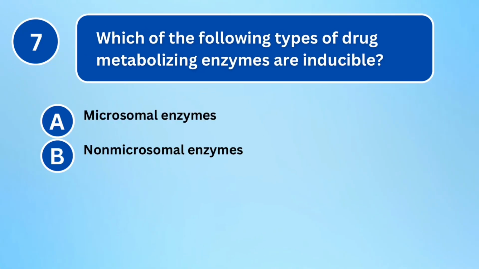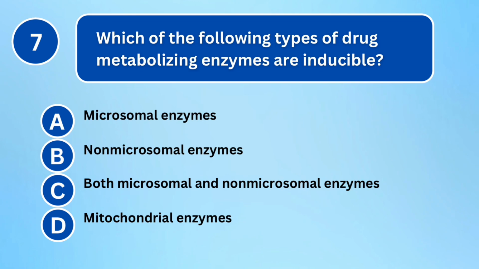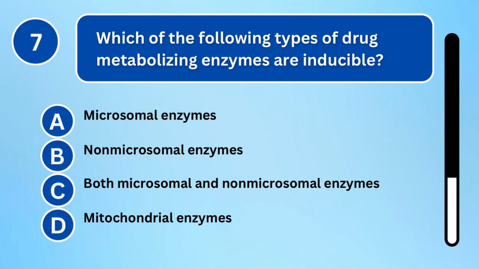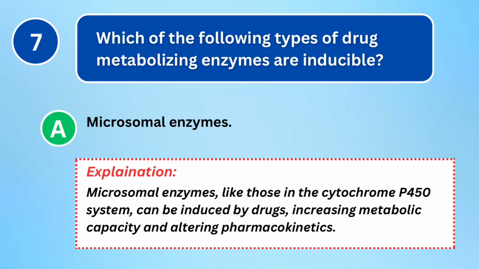Which of the following types of drug metabolizing enzymes are inducible? A. Microsomal enzymes. B. Non-microsomal enzymes. C. Both microsomal and non-microsomal enzymes. D. Mitochondrial enzymes. Correct answer, A. Microsomal enzymes.